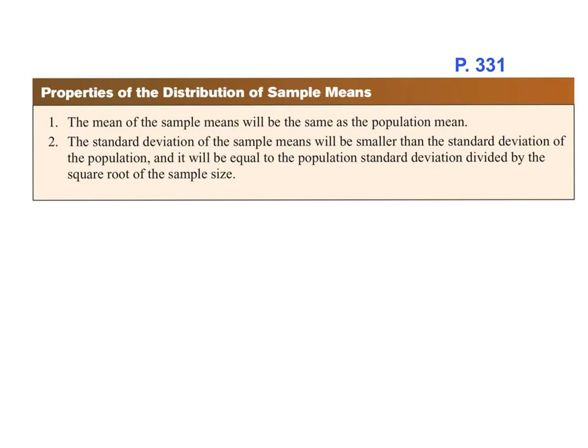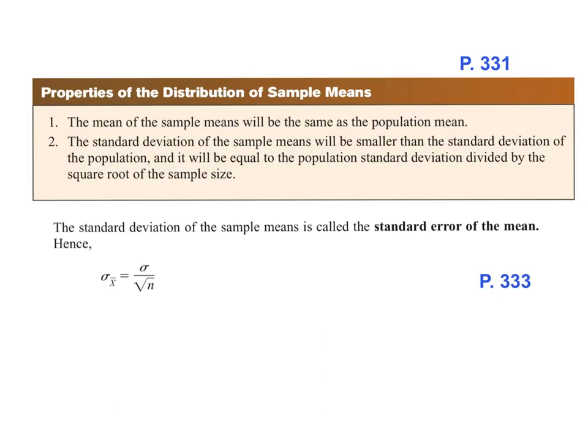Okay? And all you have to do to make it a little bit smaller is you take the standard deviation and you divide it by the square root of the sample size. And that makes the standard deviation a little smaller. And that's what we will use in place of standard deviation. Okay? So get that in your notes, and then I'll show you what the math looks like that goes with it.